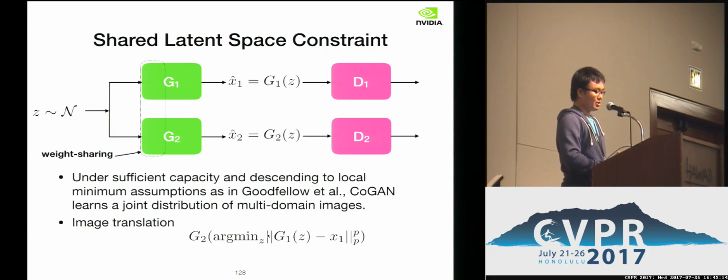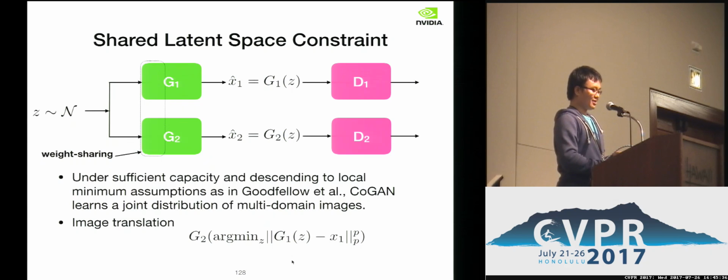But for using this approach, you have to be able to solve this optimization problem, right? You have to find a Z which, when applied to the first generator, will give you an image that looks like your target image, so that you can get the code applied to G2 to get a translated image. So this optimization has two drawbacks.